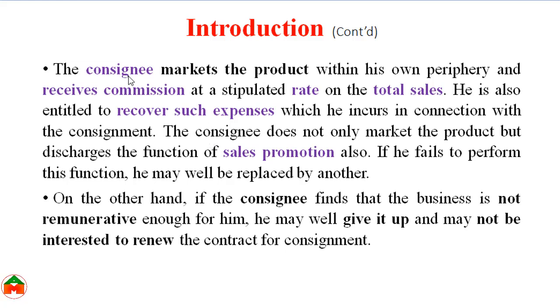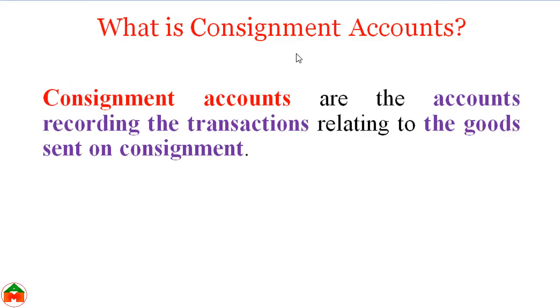In short, we can say the consignee is the agent on behalf of the manufacturer or a wholesale marketer. The consignee as an agent sells the product and he receives the commission as well as the payment for other expenses.